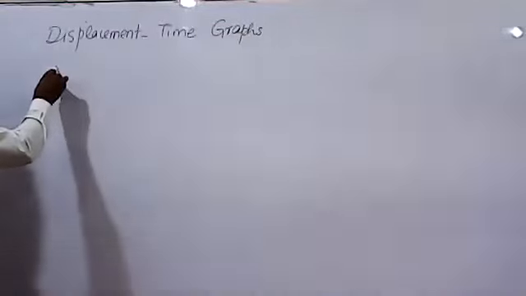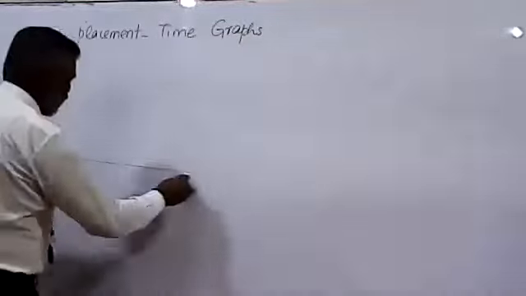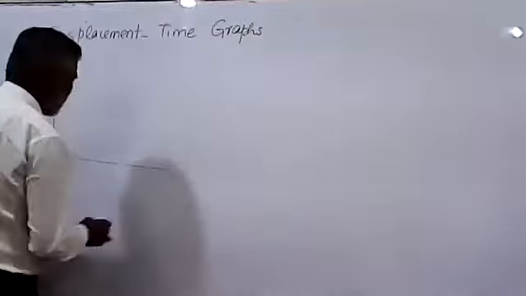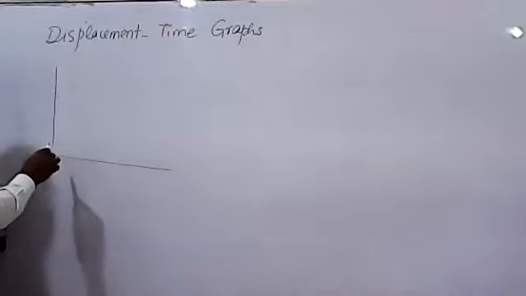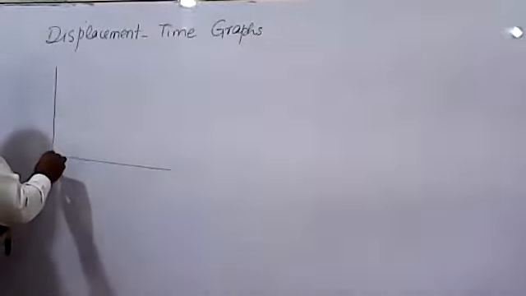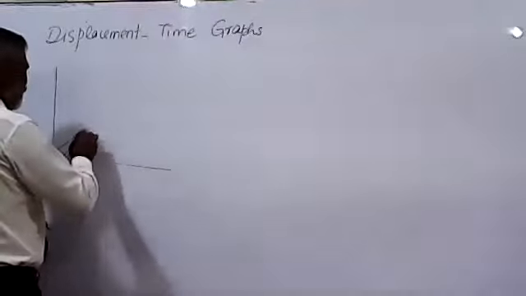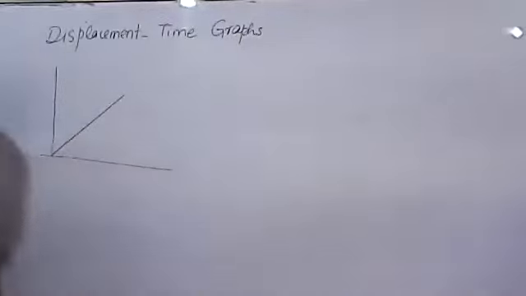So let's see what it means about the motion of an object if the displacement time graph is a straight line. This is the simplest of all the situations.